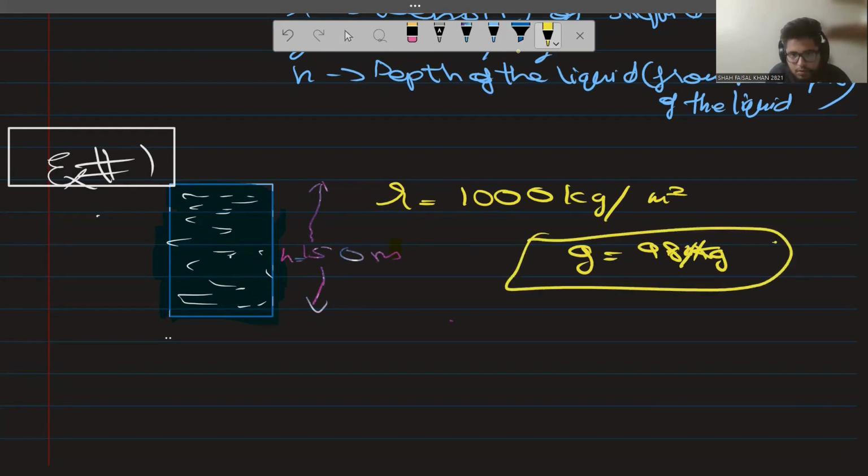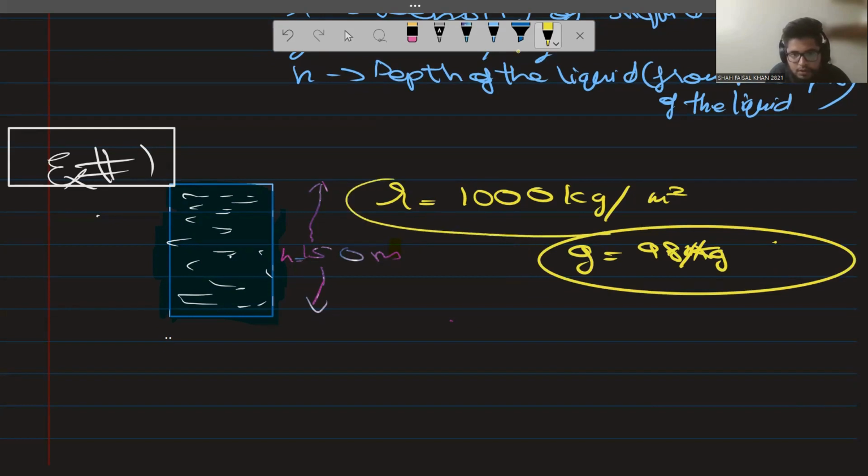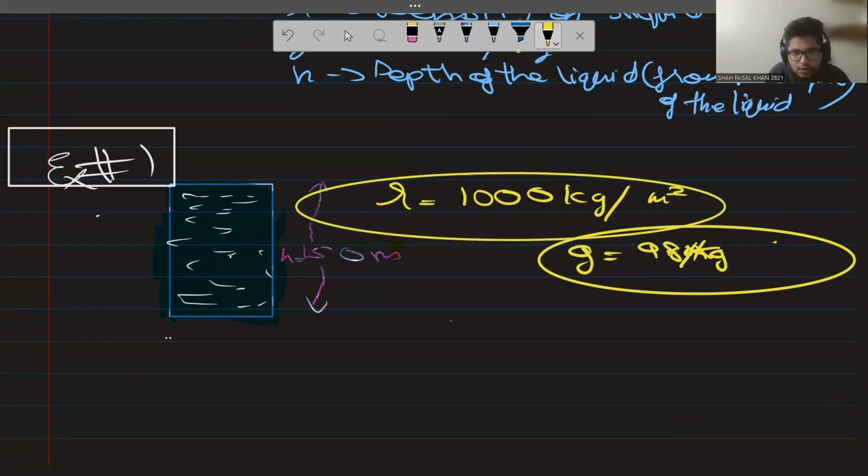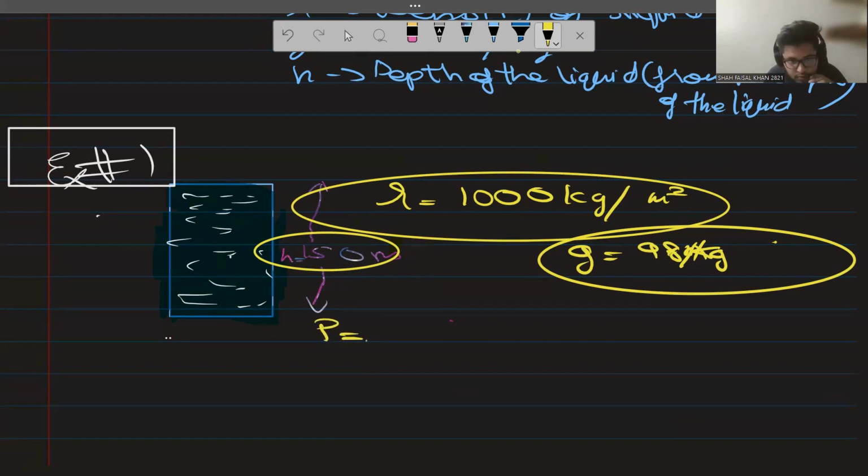So we have been provided with this, and with it, we have been provided with the height, or you may also say depth. So let's put the values in the formula, which is P is equal to rho G H, right? So rho is 1000 times G is 9.8 as usual, and the height is 150.